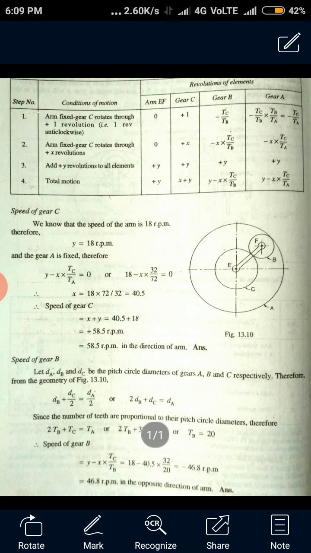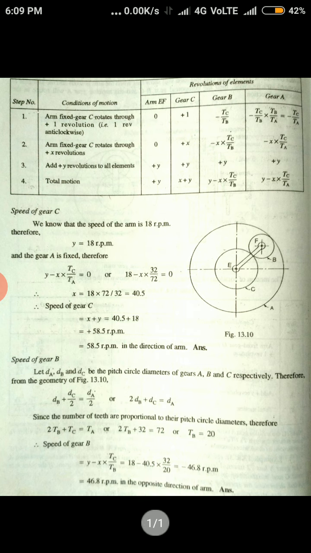Now coming to the last column, B meshes with A. So we write the equation NB by NA equal to TA by TB. Taking the earlier one as equation 1, which is TC by TB for gear B, and for gear B meshing with gear A, equation 2 is NB by NA equal to TA by TB.